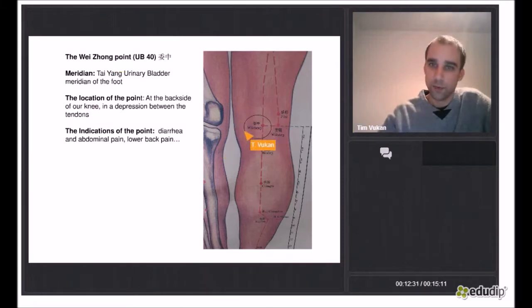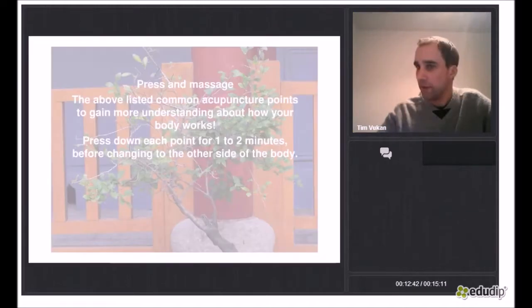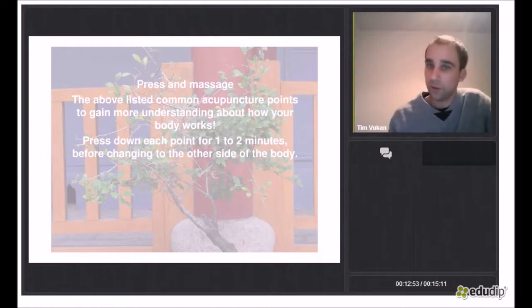I show you again the point over here, where we have the circle around it, and we can try to find these points on our own, pressing and massaging them every day. In the morning and in the evening, just use 1 to 2 minutes to press each point on each side, before going to the other side of the body.